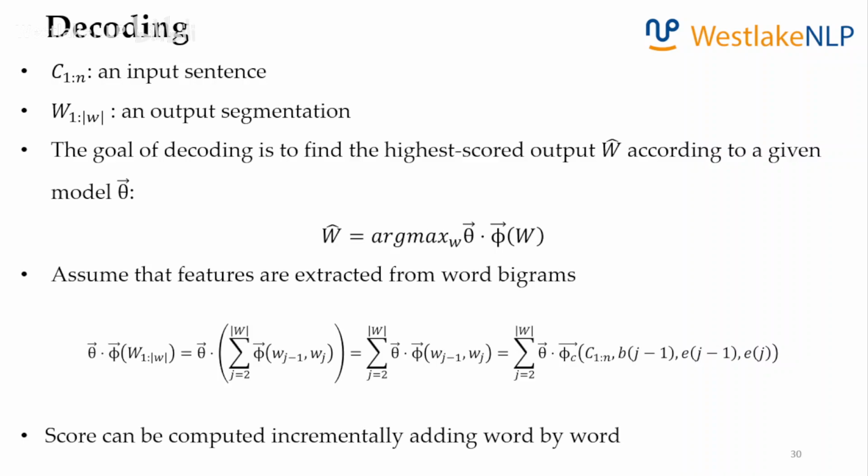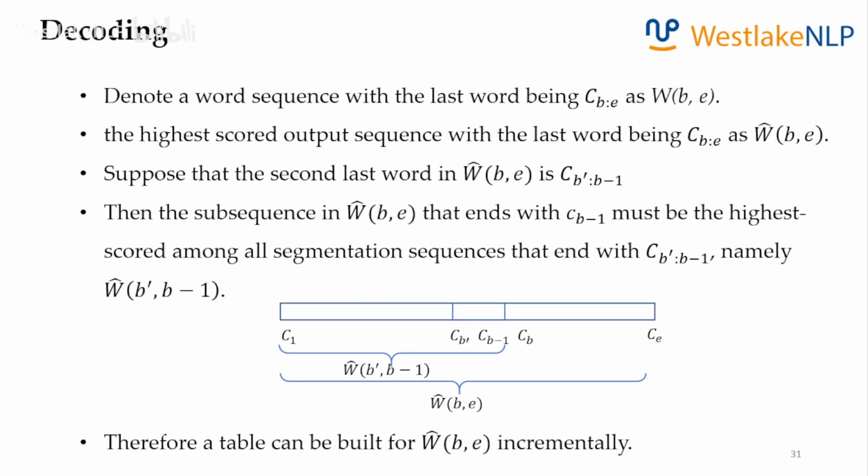So how do we solve the decoding problem? Given an input sequence, let's take word segmentation for example. How many output sequences do we have? If the input length is n, the number of outputs is 2 to the power of n minus 1. Why is that so?